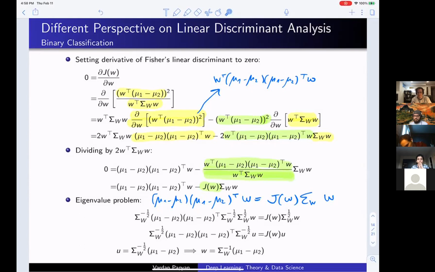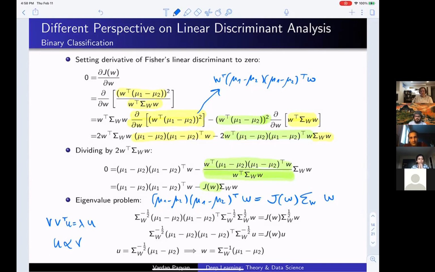And moreover, notice that the eigenvalue problem of a rank 1 matrix is trivial because it's basically equivalent to saying if I have V V transpose multiplied by U equal to lambda U, what is the eigenvector? The eigenvector is just proportional to V, right? So if you have a rank 1 matrix, the eigenvector is just the vector that creates the rank 1 matrix.